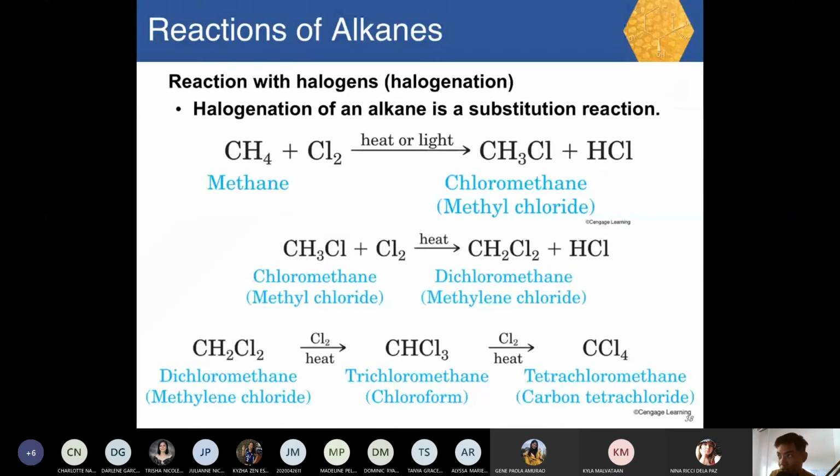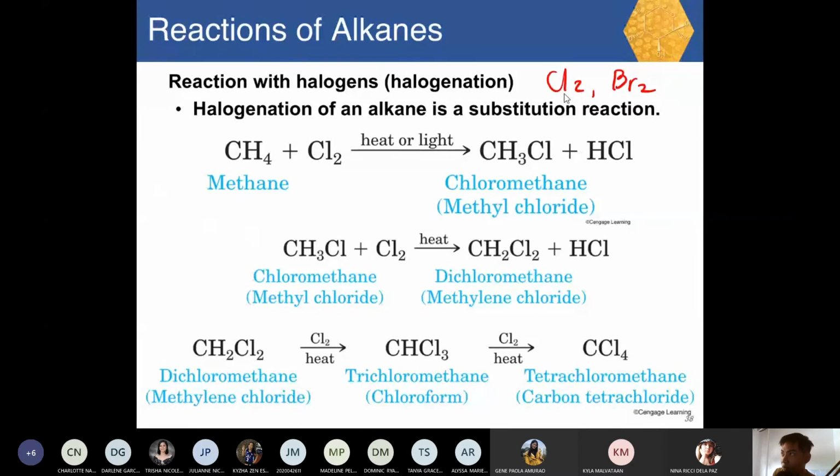Another is the halogenation reaction. So, ito yung halogenation reaction natin. So, you have your alkanes that is reacted with your halogen. Ano yung halogens natin? Cl2, Br2, no? Sila lang naman yung most nakikita natin most of the time.